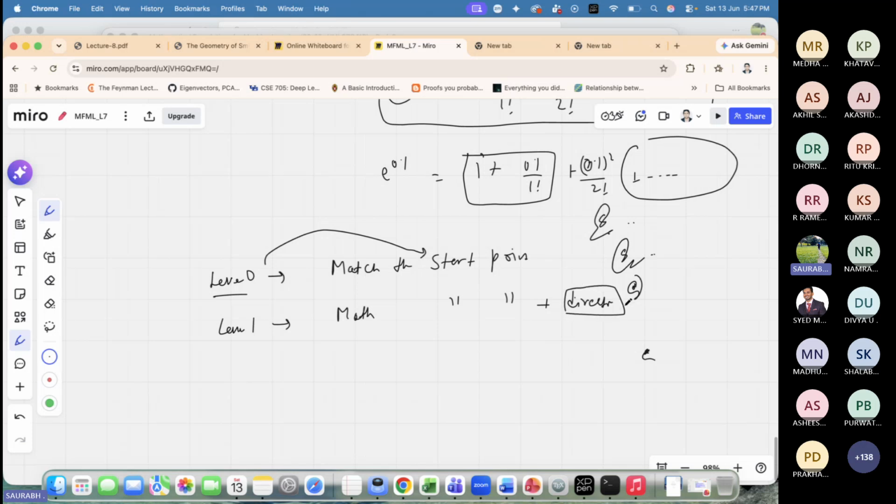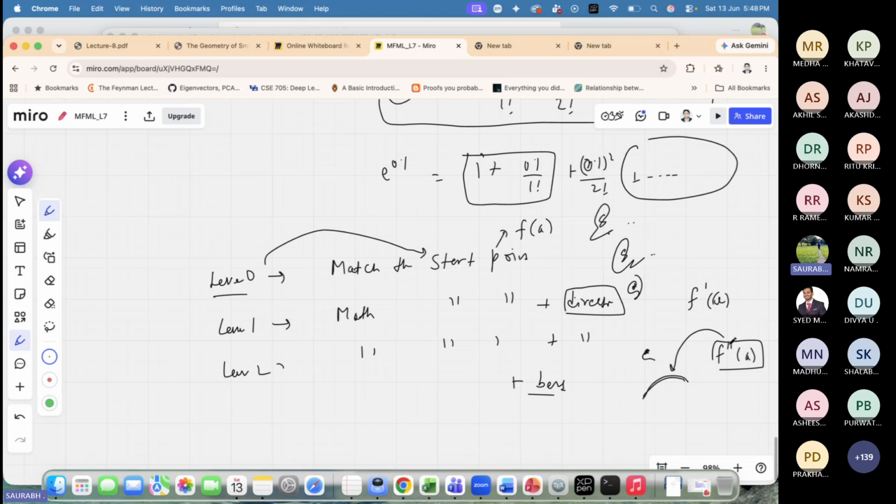This is why you add f dash a. This starting point is what your f of a is. Then level 2 is match the starting point plus direction plus bend, right? Now these higher order terms, f double dash a, are basically finding out how the function curves.